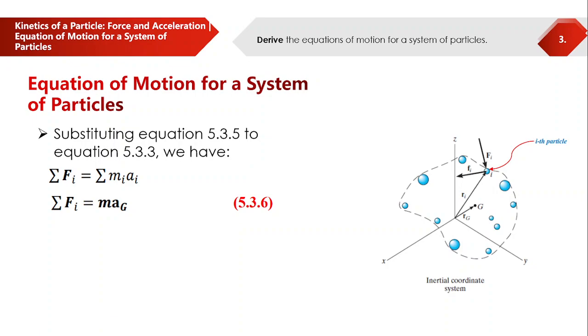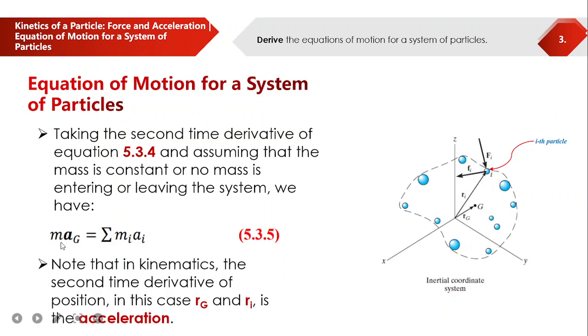In equation 5.3.5, you can observe here, mass times a sub g is equal to the summation of m sub I times a sub I.